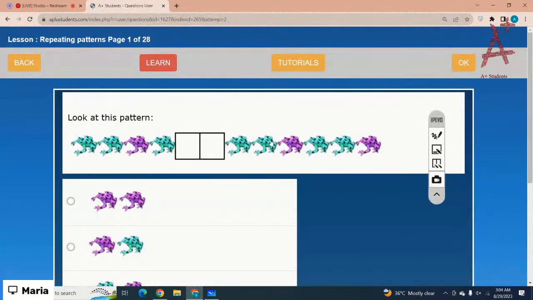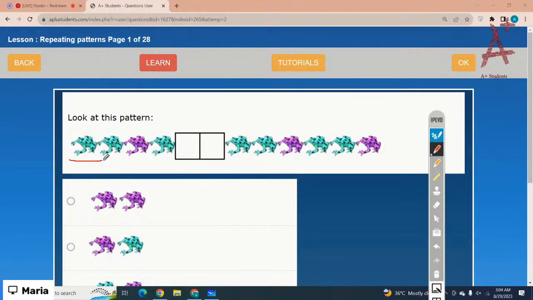Okay, look at this pattern. So which part is missing? I think they are frogs. Two blue, one purple. Two blue, one purple.